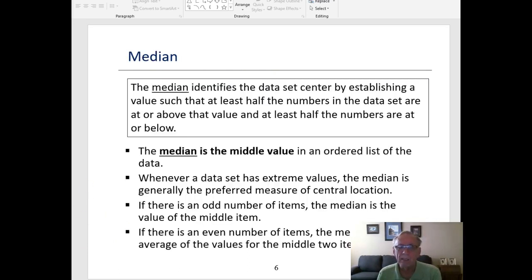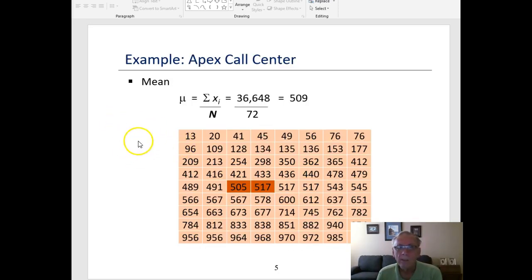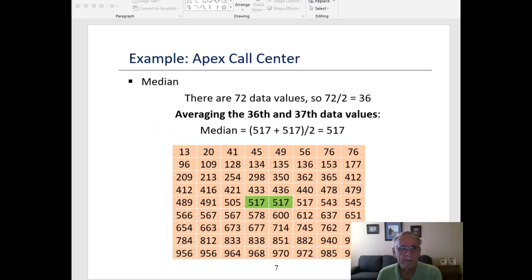Next, we're going to look at median. And what does that mean? That's the middle value in an ordered list of data. If we look at this, we've got 72 data points.